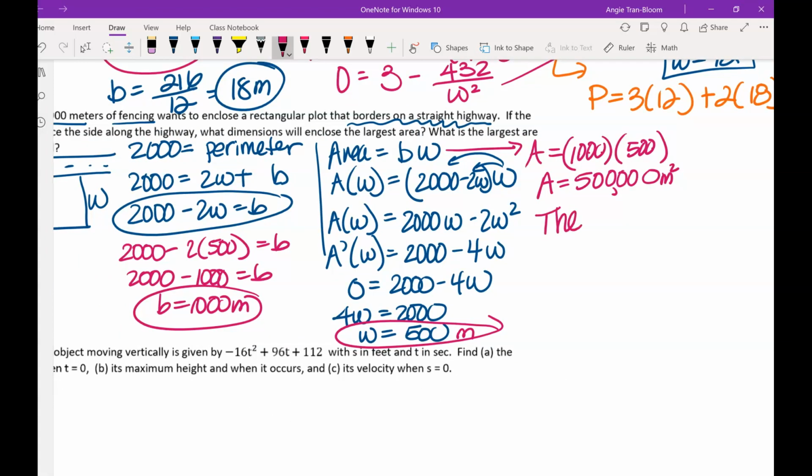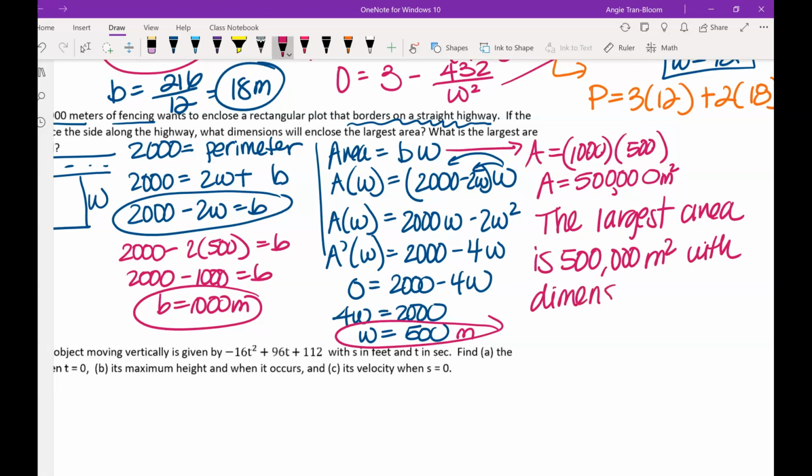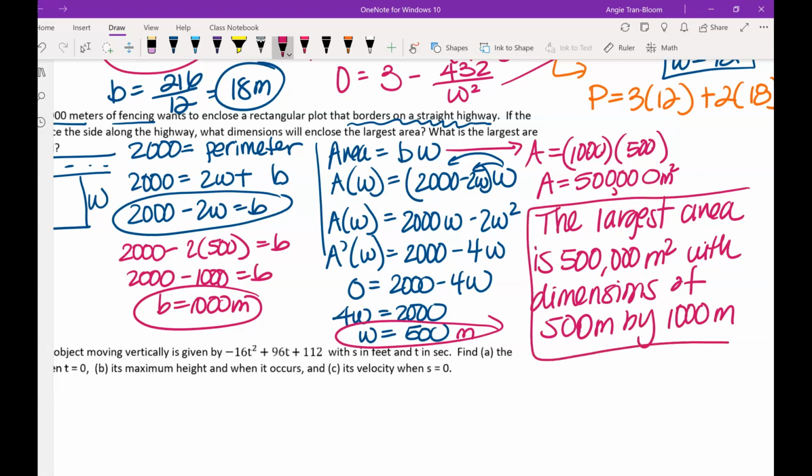The largest area is 500,000 meters squared with dimensions of 500 meters by 1,000 meters. Box that up.